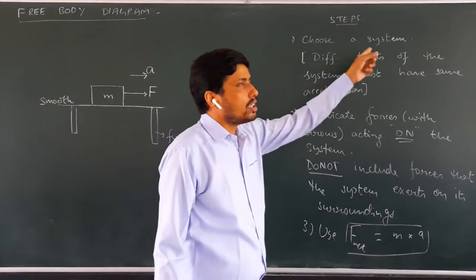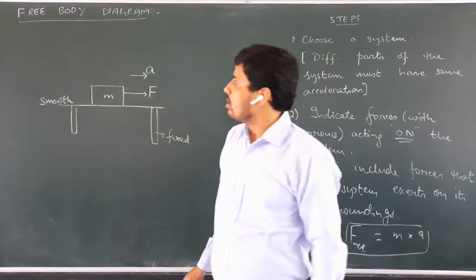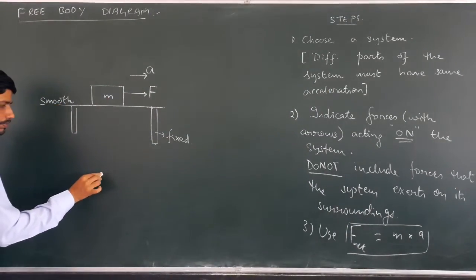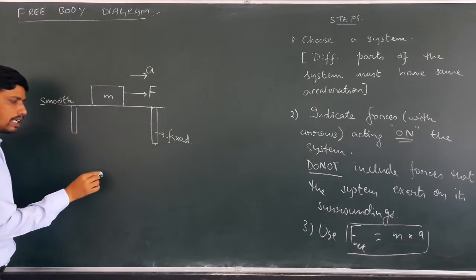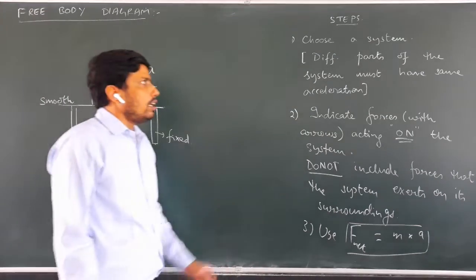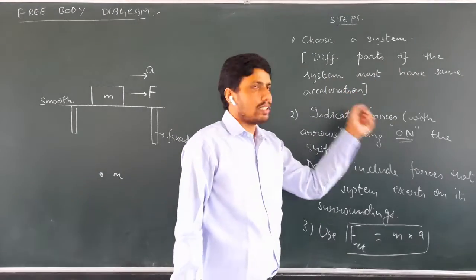First step is to choose a system, and that system you can represent by a point. So in this figure, I will choose this mass as a system, and this block of mass m I'll represent by a point. Different parts of this system must have the same acceleration.